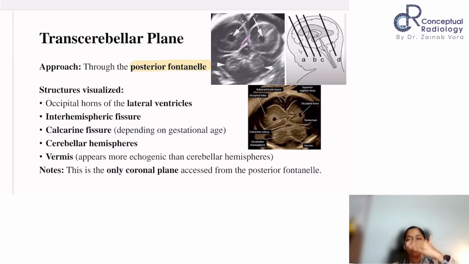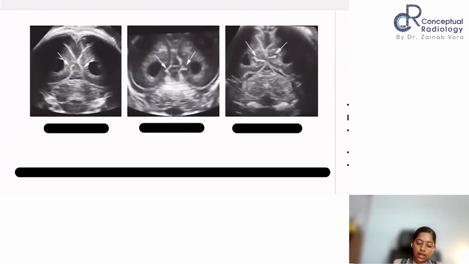But as the gestation advances, you get to see a nice echogenic proper sulcus. Along with that, as the name goes, this is a transcerebellar plane. You will see cerebellar hemisphere and the echogenic vermis. Now, this is the only coronal plane which is accessed through the posterior fontanelle. So, 4 coronal planes done.